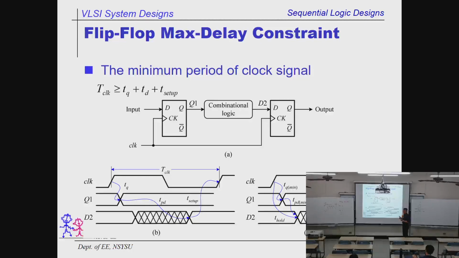So the minimum clock period for you to finish your addition design is TQ plus TPD plus T setup. The clock period gotta be longer than this. If your clock period is shorter than the summation of these 3 terms, I guarantee you won't see anything at the output. It's impossible.